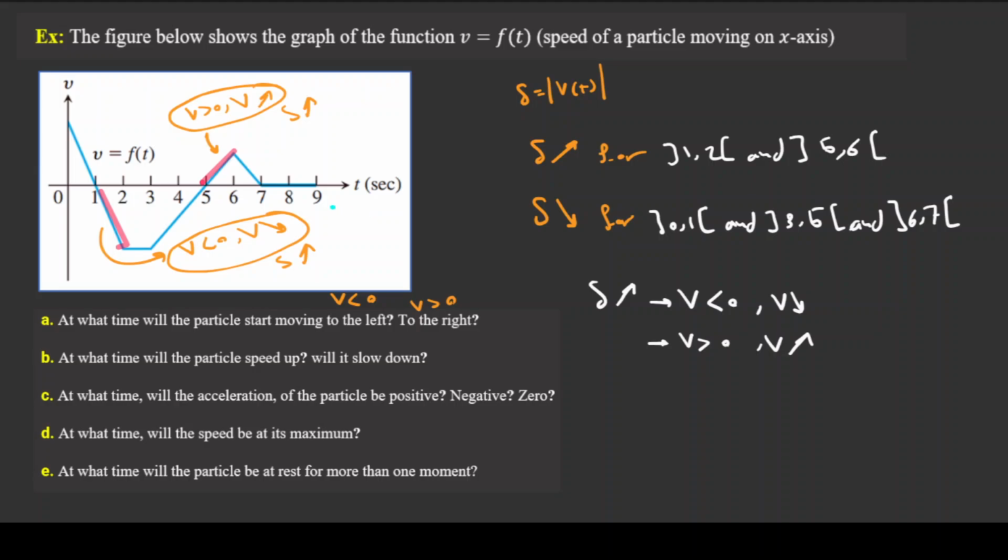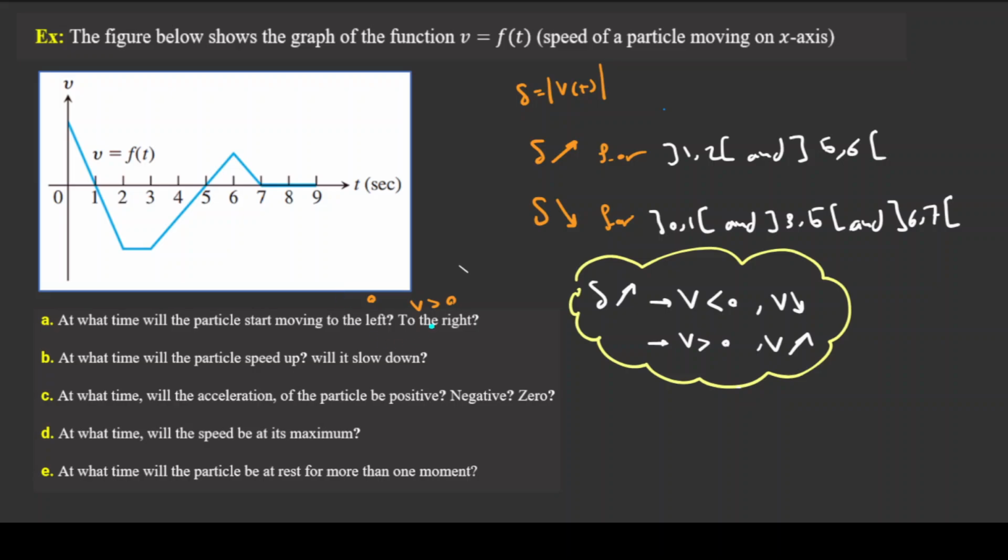Okay guys, so this is the same. When the velocity is positive it must increase, when the velocity is negative it must decrease, for the speed to go up.